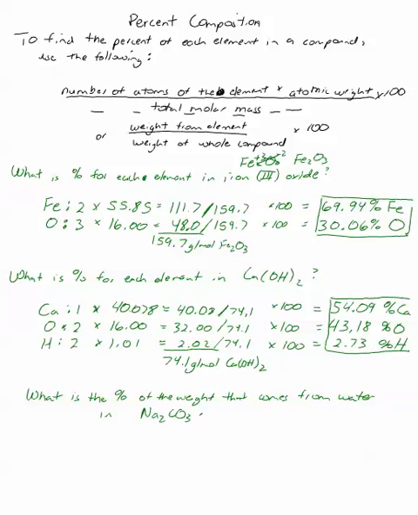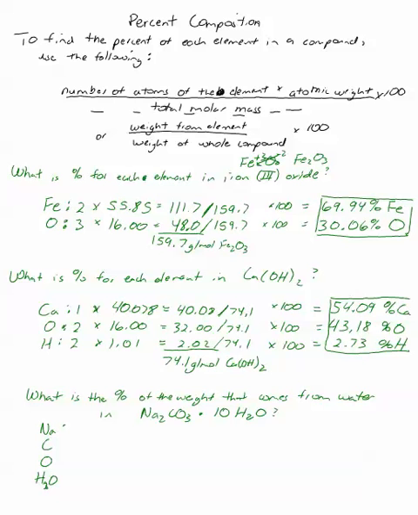Na2CO3 bound up with 10H2O. Okay, start off the same. I've got Na, and I have C, and O, and then remember, keep your waters together, okay? So, there's what we have there.